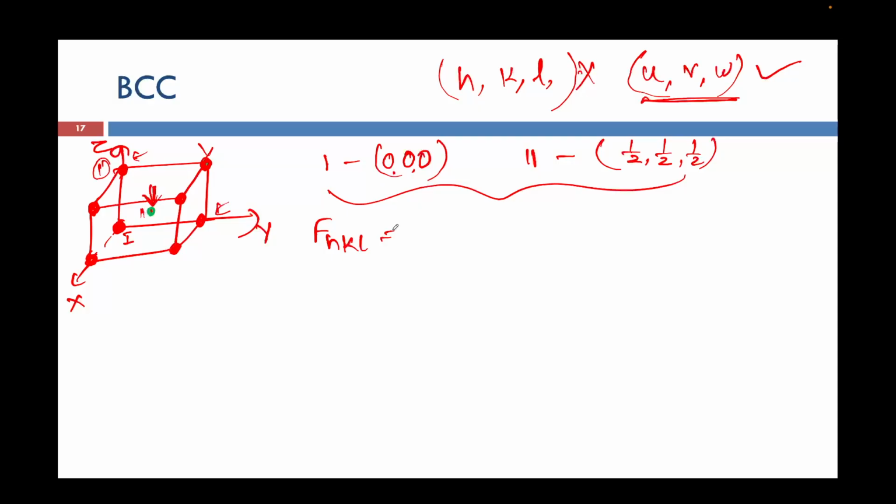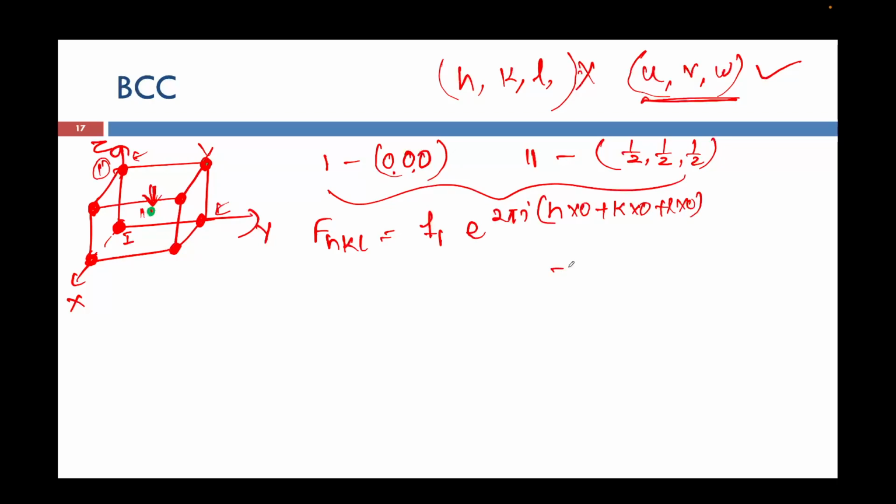So here, what do you have to do? Two things are there. I will first consider F1 e to the power 2 pi i (h into u, which is 0, plus k into v, which is 0, plus l into 0). So I have calculated for this one, right?